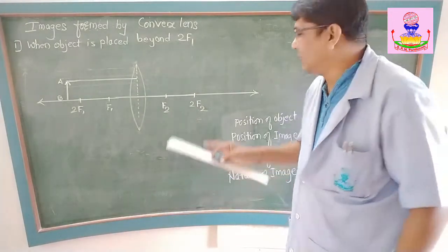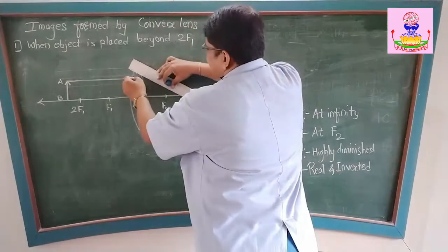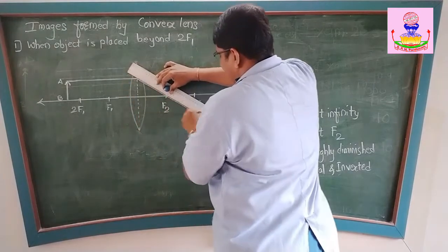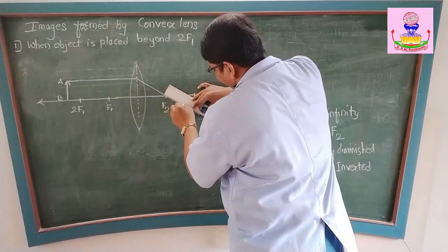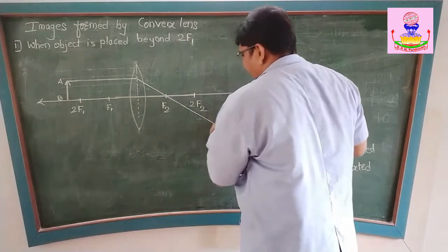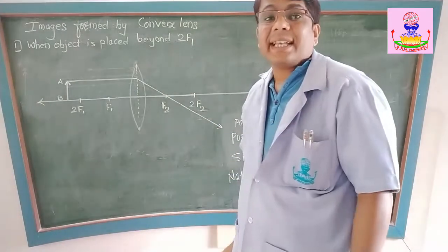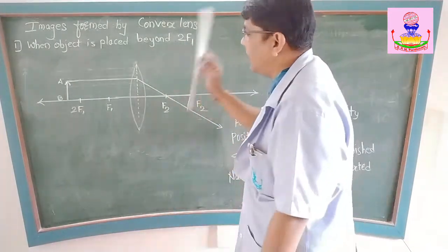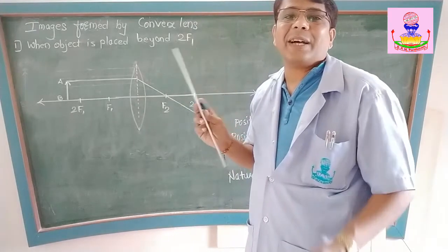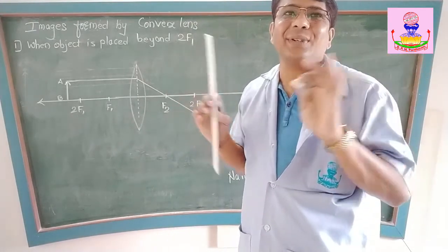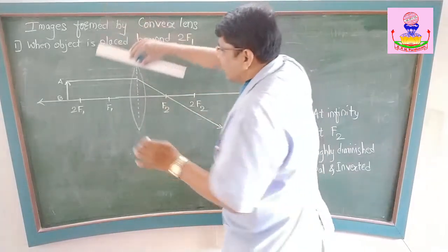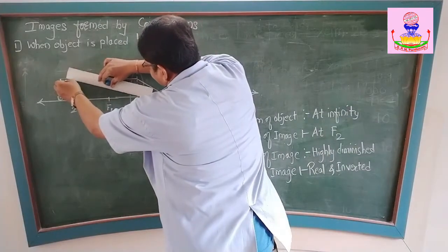After refraction passes through focus. Yes. Exactly. Second ray of light we will consider, that is the ray of light passing through the optical center. That goes undeviated. That is the easiest one. So I am taking this. You can see it.